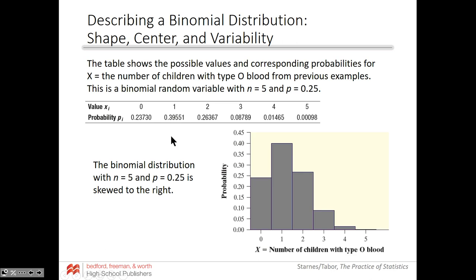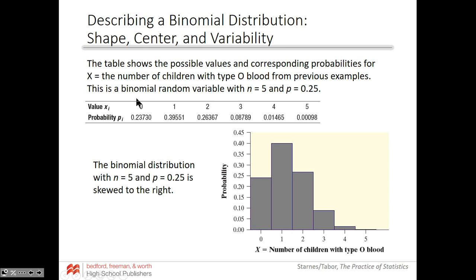Now, if I were to take all of these values and make a histogram, X is the number of children with type O blood. We're having 5 kids, so how many of them have type O blood? Either 0, 1, 2, 3, 4, or 5. And then what's the probability of each of these things happening? That's what goes on our y-axis, right? You can see the probability from my table that we just found on the calculator.